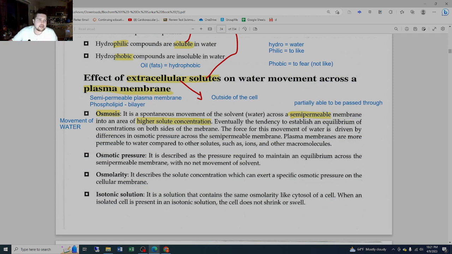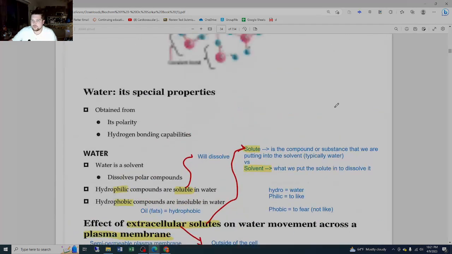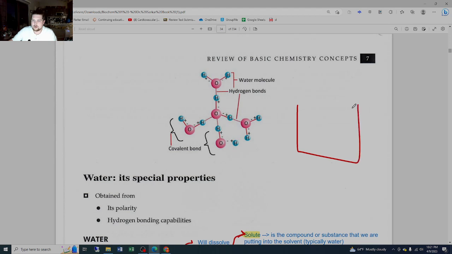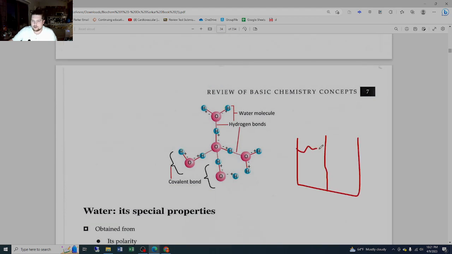So what this is saying is that we have a semi-permeable membrane right here, right? We've got stuff in both of these, but one side has more stuff.